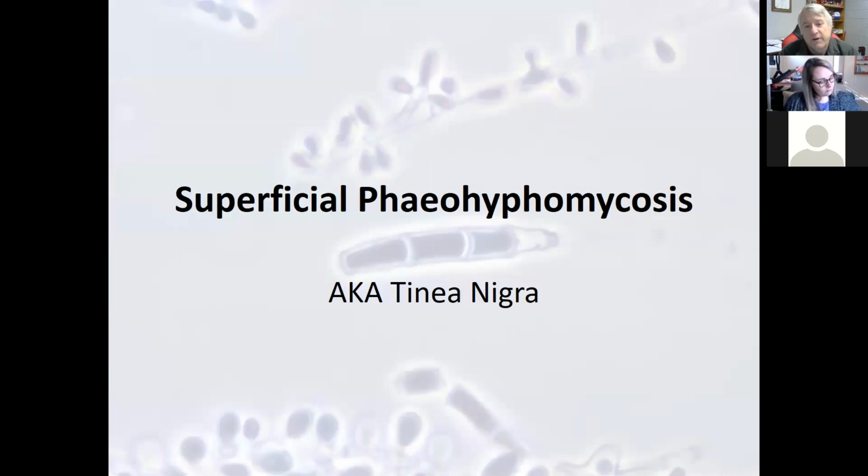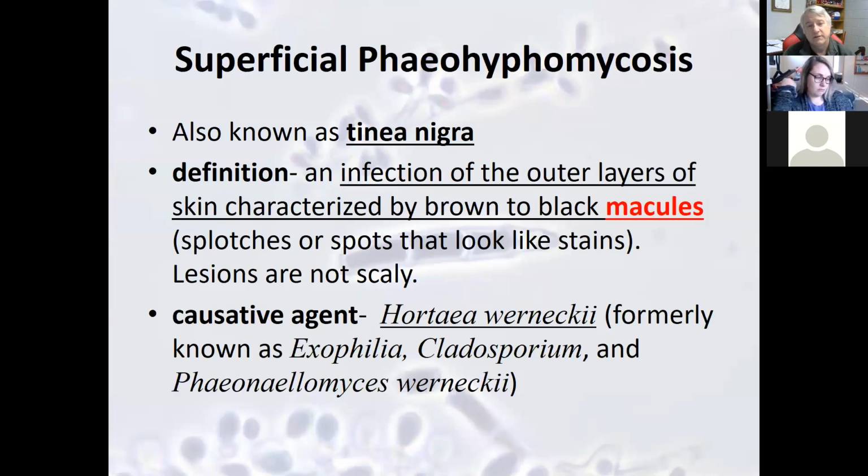Superficial phaeohyphomycosis, tinea nigra, otherwise known as. Tinea nigra, again, a superficial infection of the outer layers of the skin characterized by brown to dark to black macules. Splotches or spots that look like stains. Lesions are not scaly.